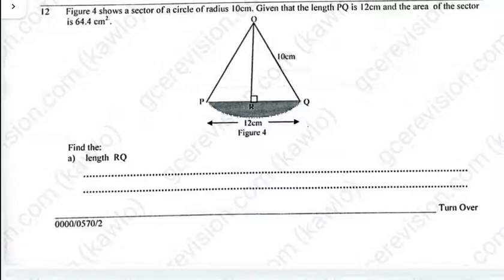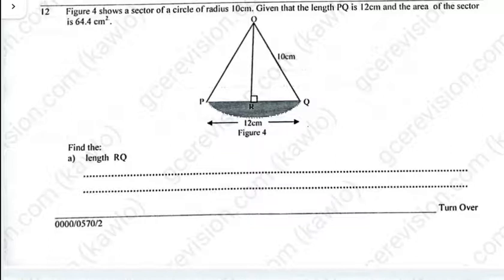Find the length RQ. So again, this figure shows a sector of a circle of radius 10, and you are being given the length PQ to be 12 centimeters, and the area of the sector is 64.4 centimeters squared. So we are being required to find the length RQ.